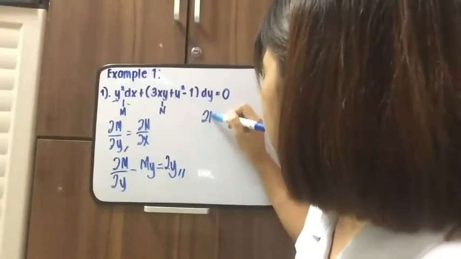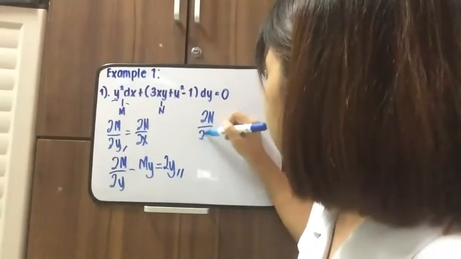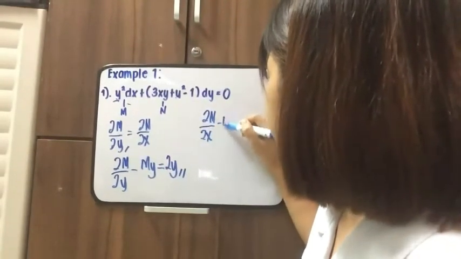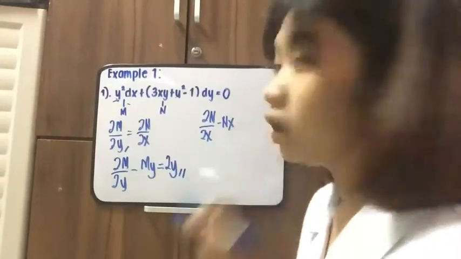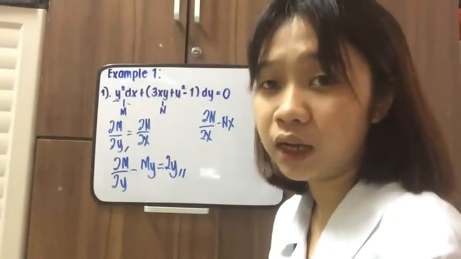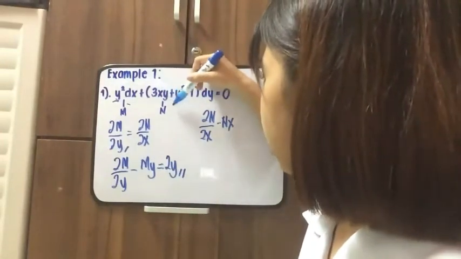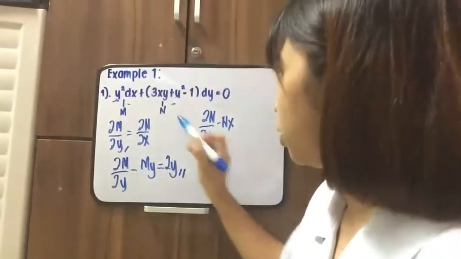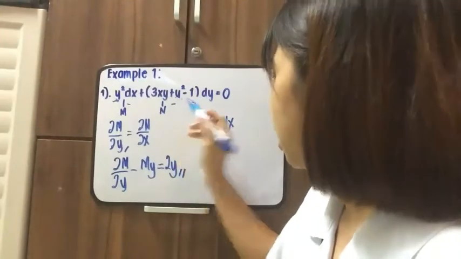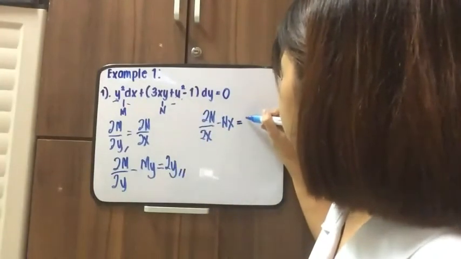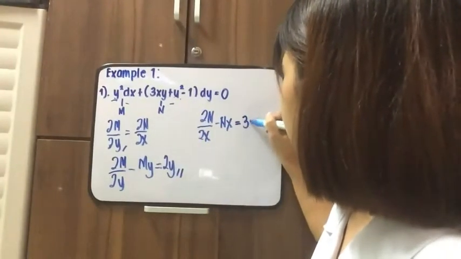Now for the partial derivative of N with respect to x, the same process: we need to derive N. Our N in this equation is 3xy plus y squared minus 1. If we derive this, we will come up with an answer of 3y.